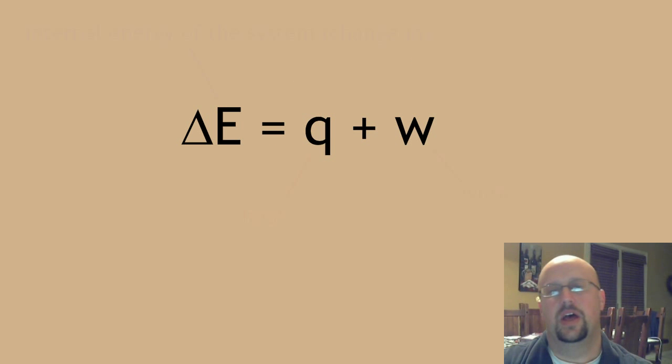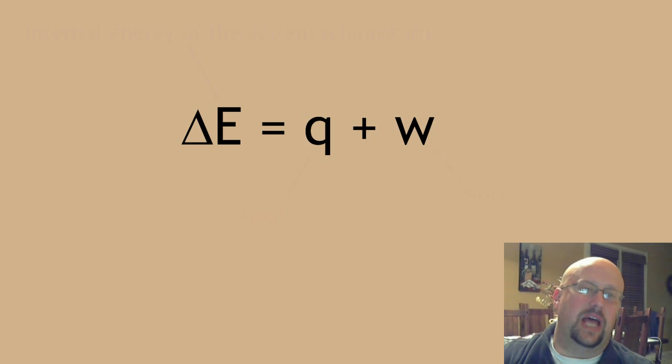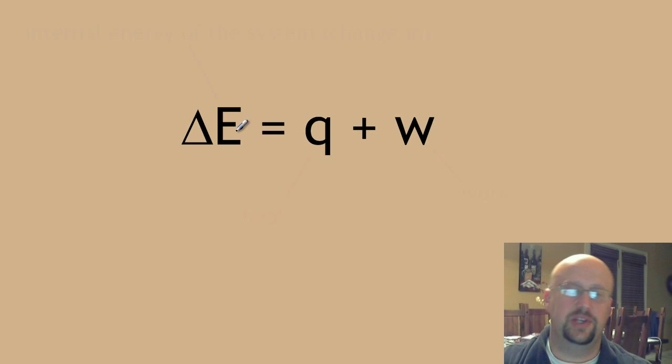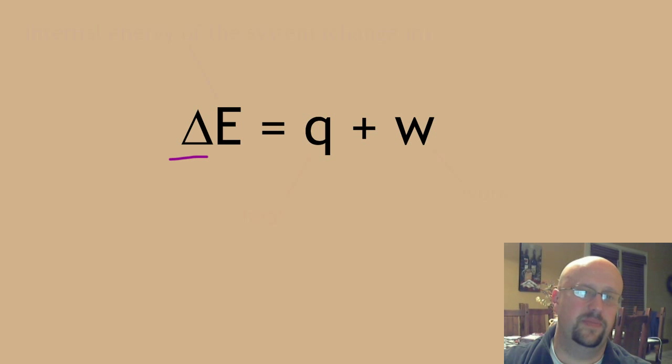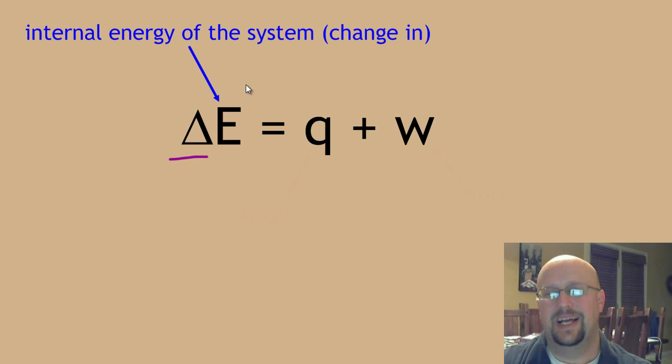Okay? So that leads us to our last little piece of terminology here. This is one of the easier equations in chemistry, but it might look a little weird. Remember that anytime you see this little delta here, that just means change in. We just need to briefly define what the terms are here. The capital E, as you might expect, is energy.